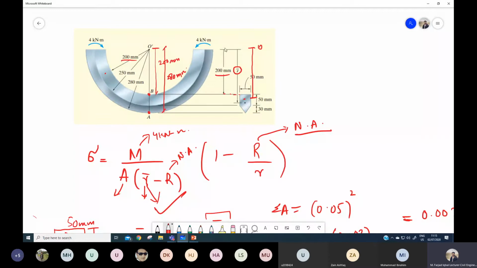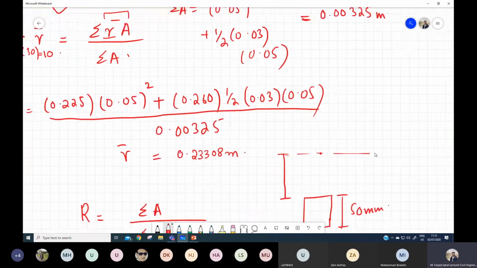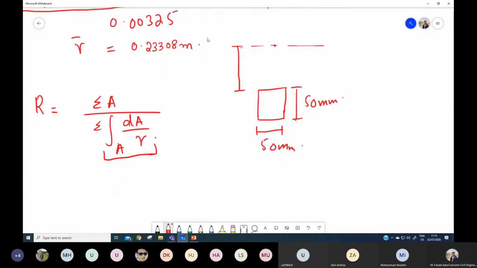And R2 will be the distance from the center of curvature to the bottom of the shape. That will be 200 plus 50, so it will be 250 millimeter. So for the rectangle, R1 and R2 are now known. This is R1, 200 millimeter, and this distance is R2, that is 250 millimeter.